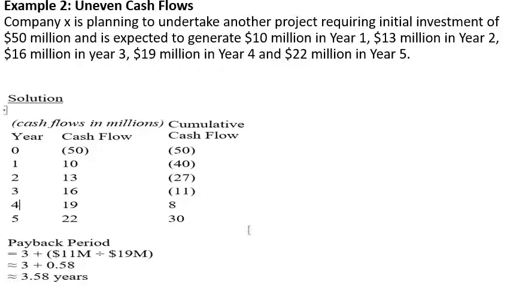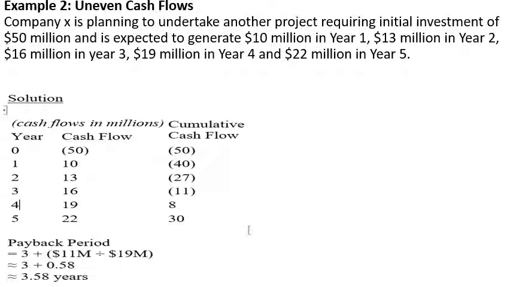So PBP is equal to A, the last year with a negative cumulative cash flow, which is year 3, so we write 3 plus B, the absolute value. How much are you left with?